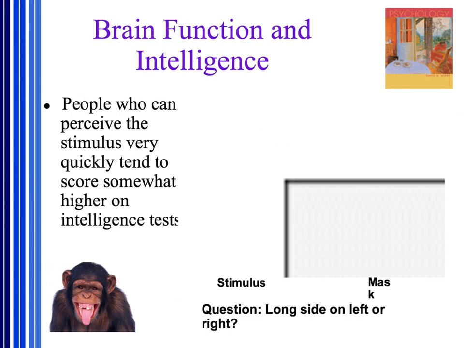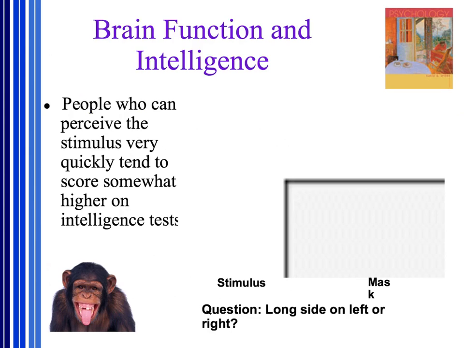Or is neurological processing the basis for intelligence? For people who can process information faster, manipulate information faster, are they typically more intelligent? Well, students, people, adults, whoever, if they can process information faster in their neurological processes, then they tend to score higher on intelligence scores.